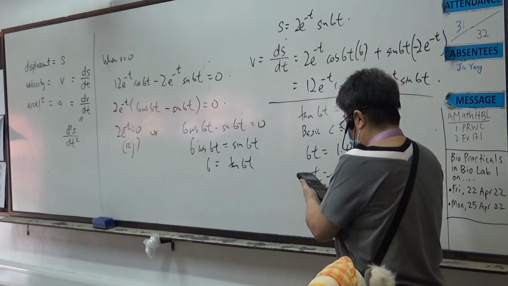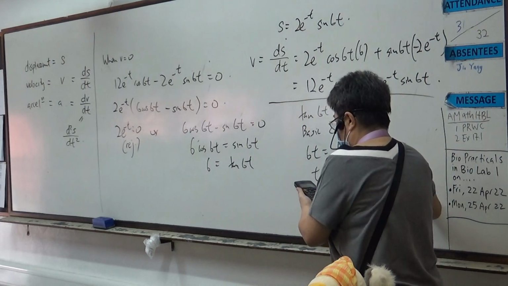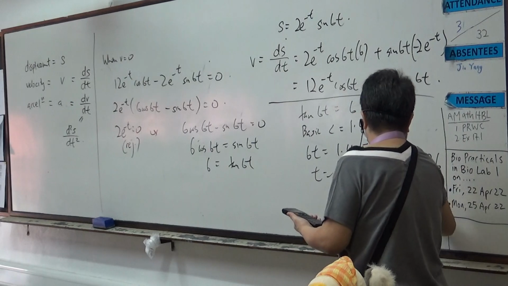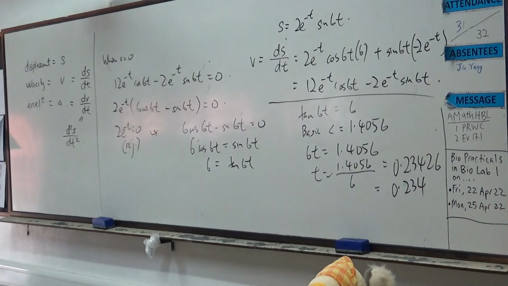I will get 0.23426, which will be 0.234. Is that clear? So the particle will first come to rest when t is 0.234. Understand? Okay? Alright, now next part.